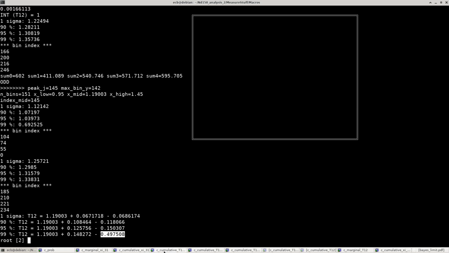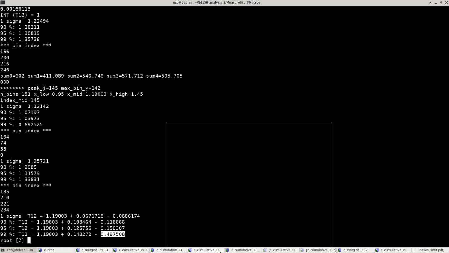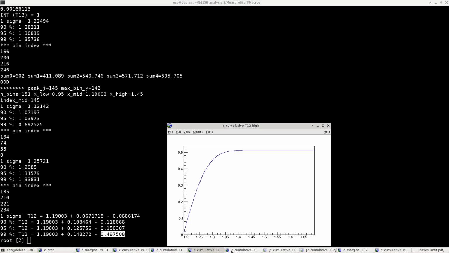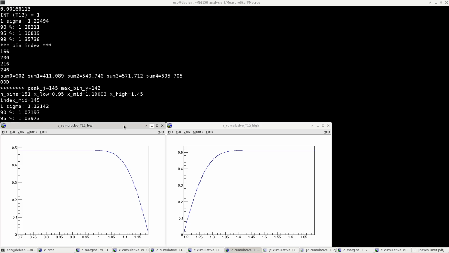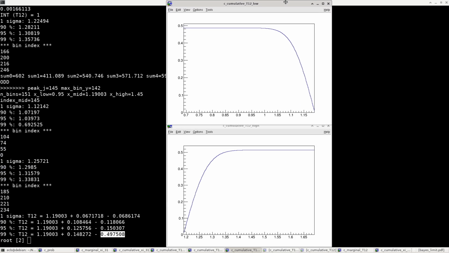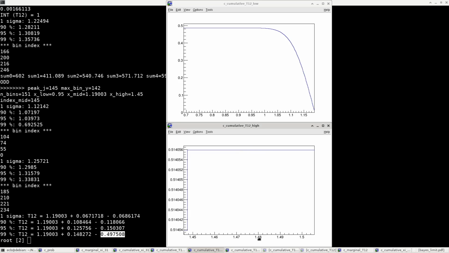let's look where these limits lie. Right, so for 99% the high limit is 1.148. So that's this one, 1.14. So it's in here. Sorry, no, it's not. Sorry, plus 0.148.